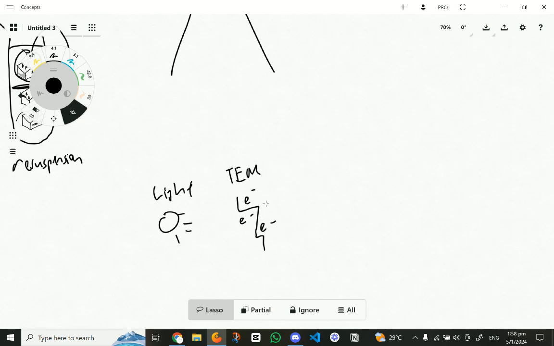I guess it's to see the full cell. This one is to see the internal. That one is to see the surface.